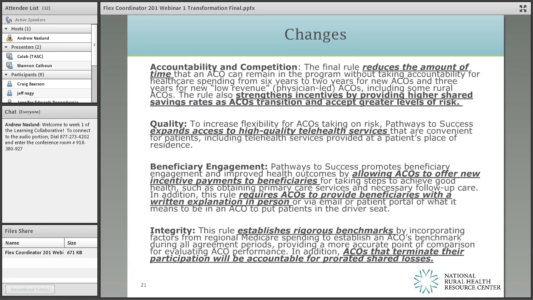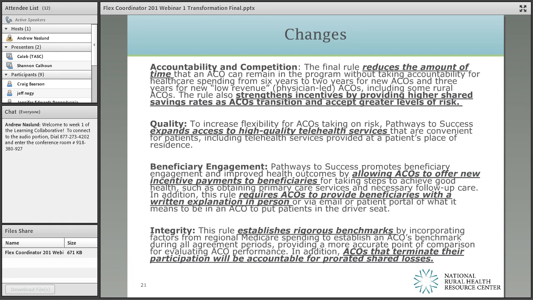And that will be more specific as time passes. And so if rurals are not engaged and don't know how to do things like hierarchical condition category coding and demonstrate their story and the severity of the disease state of their patients, then they will begin to not get benefit in the benchmark area.